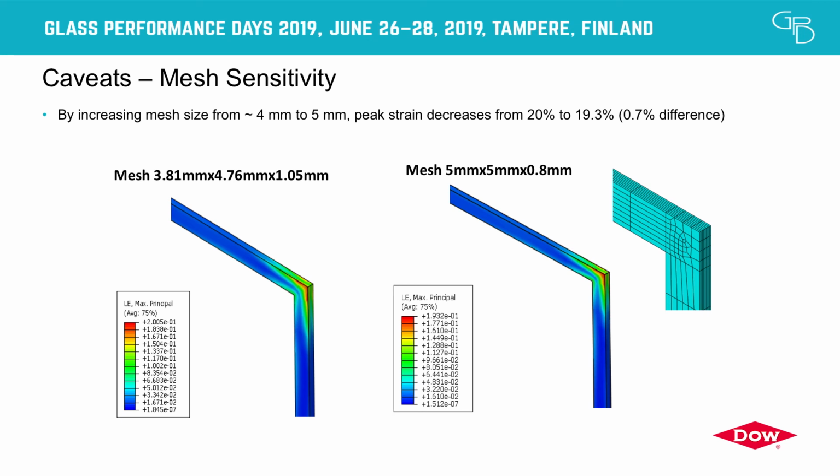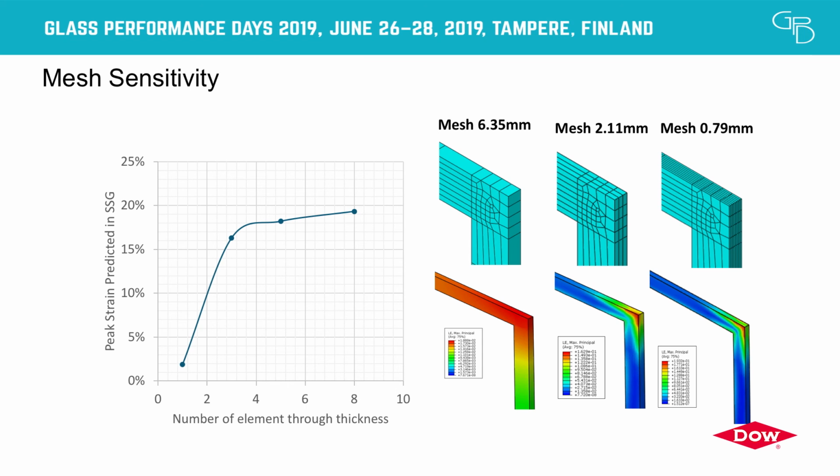Because if you have too coarse of a mesh, what you'll find is that your peak strain could be very under-predicted compared to a very fine mesh. So the number of elements matter. So it's not probably something that you can use in a spreadsheet type of application for modeling. It would be involved with things like Abaqus and ANSYS for more sophisticated modeling.